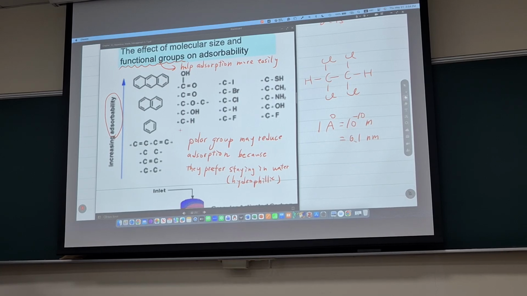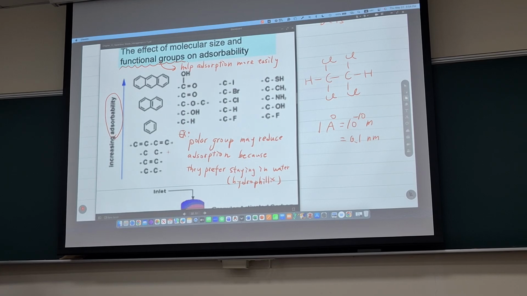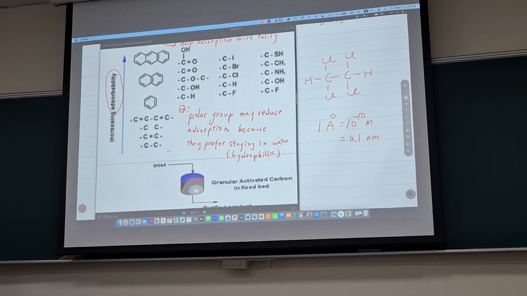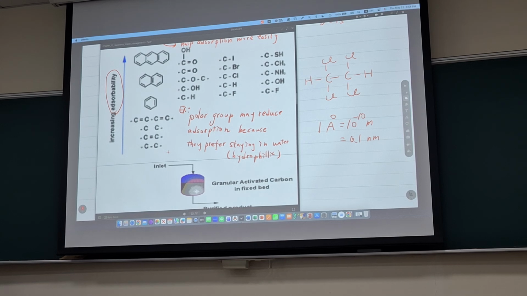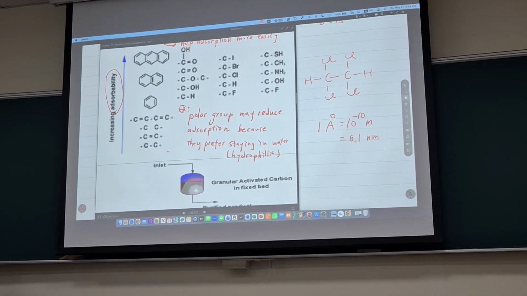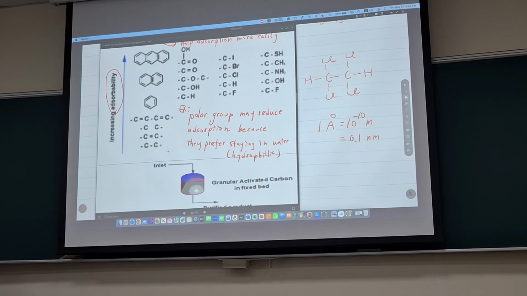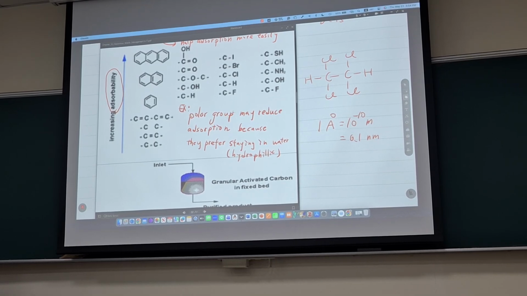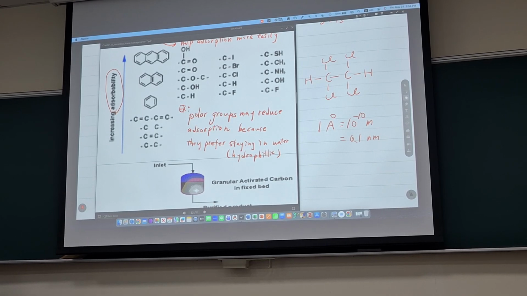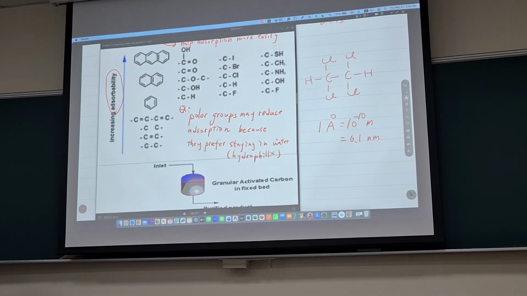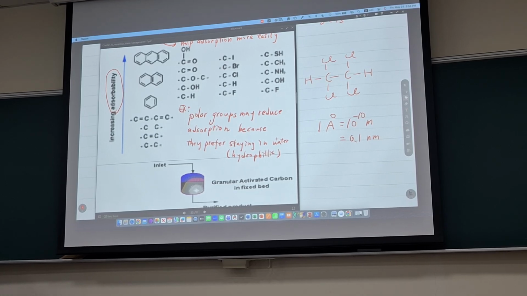For example, if you put some polar functional groups, it may reduce the adsorption because the polar groups prefer staying in water, which means they are hydrophilic.